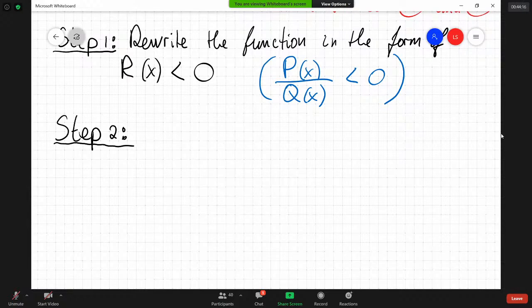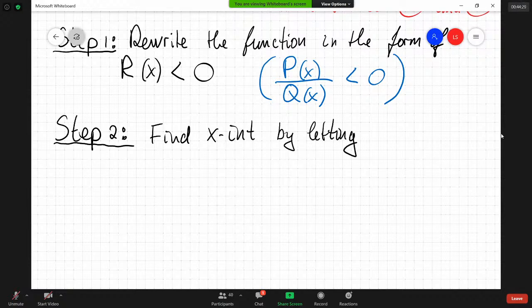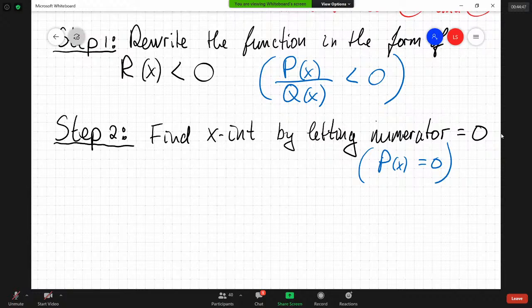Now we have to say find x-intercepts by letting the numerator equal to 0. So again, our function now has this form p of x over q of x. P of x is the numerator, so we're letting p of x equal to 0, because that's how we find x-intercepts of a rational function. That's what we did on Tuesday.